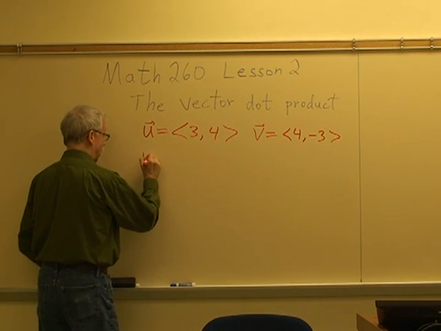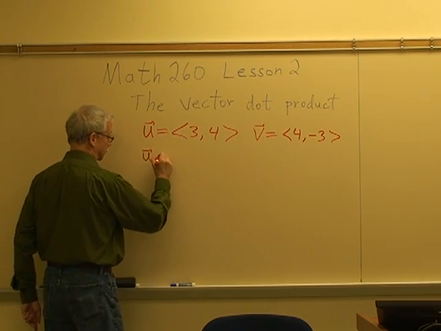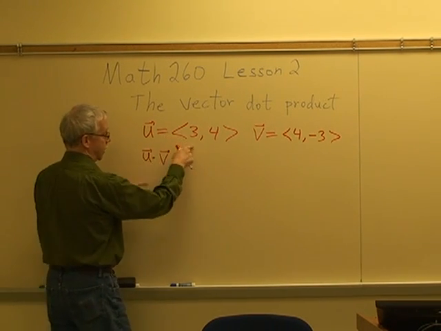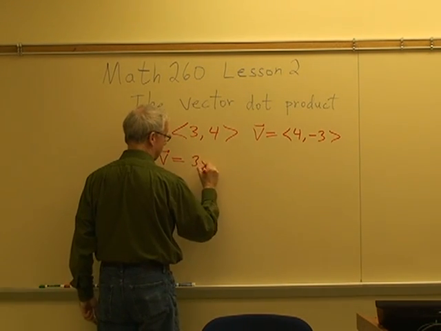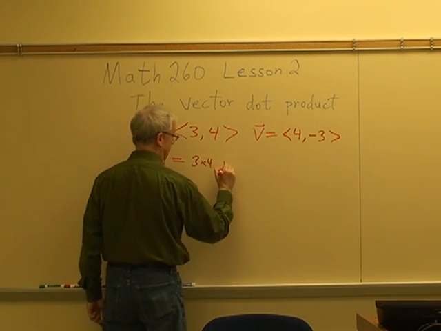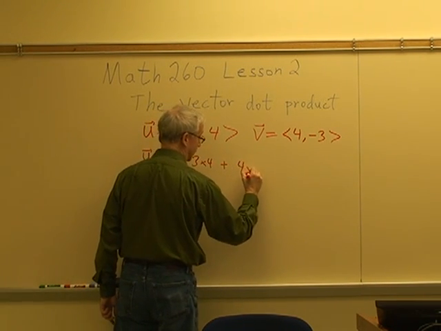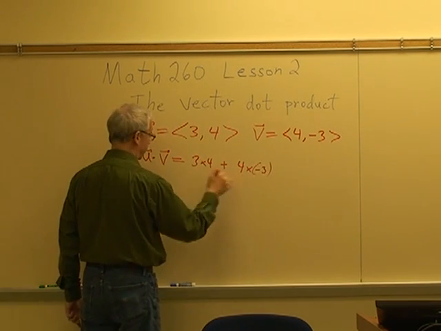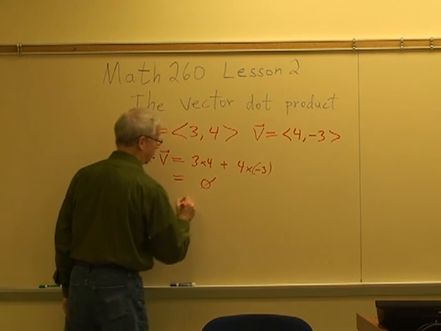So if I compute the dot product, I have 3 times 4 plus 4 times negative 3. That's 12 and that's minus 12, so the answer is 0.